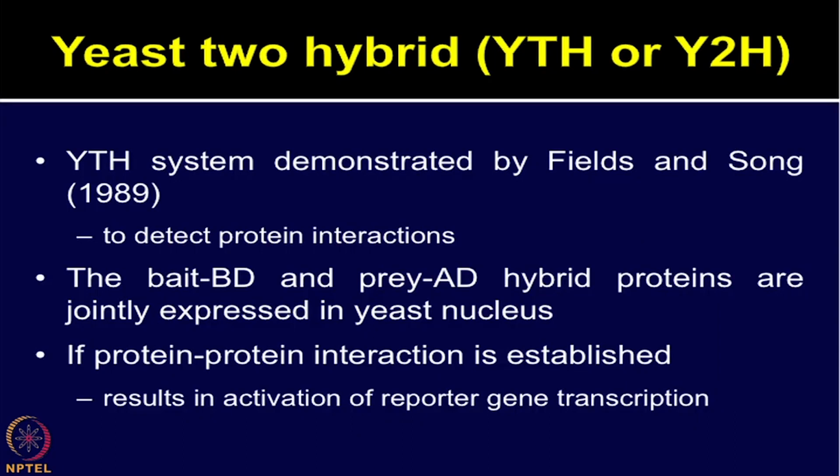The yeast 2 hybrid system was first demonstrated by scientists Fields and Song in 1989 for studying the protein interactions. Since then, this approach has been widely used in different organisms for different types of biological questions to be addressed.